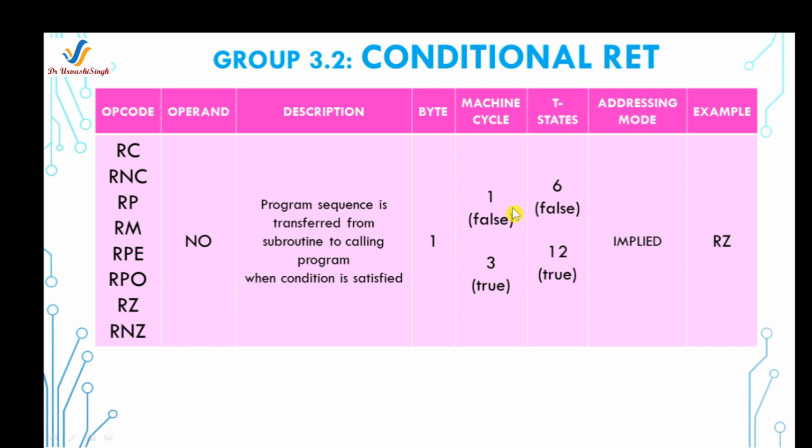If the condition is false, then it requires only 1 machine cycle and 6 T states. Otherwise, if it satisfies the condition, then it will return back to the calling program, and it requires 3 machine cycles and 12 T states.